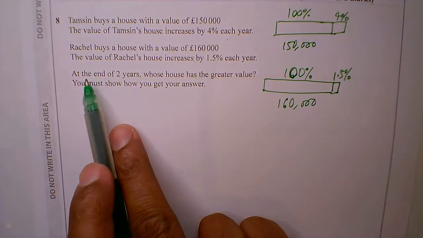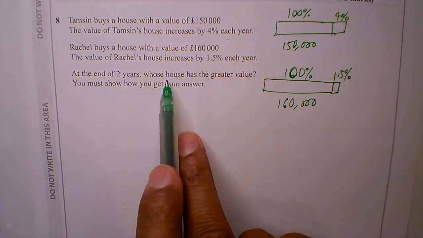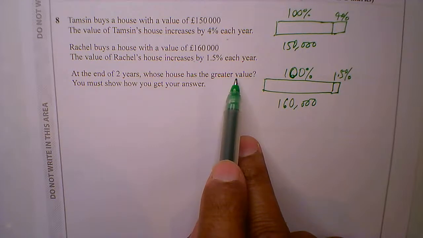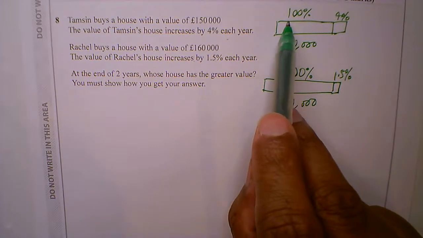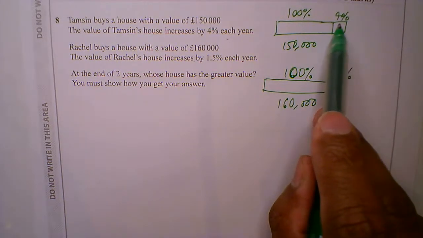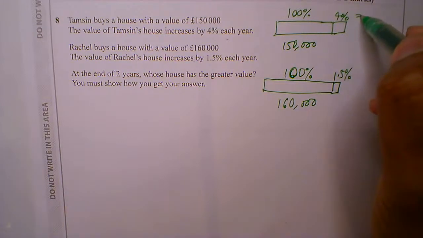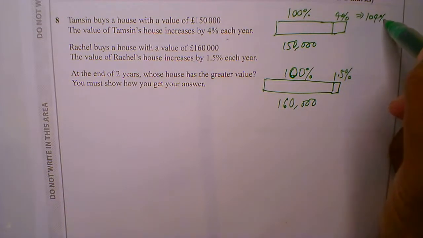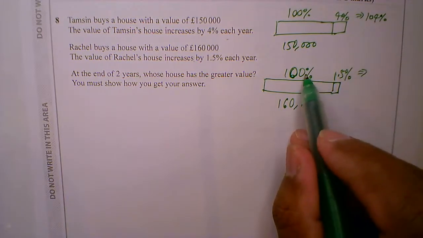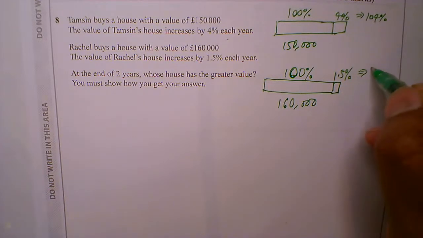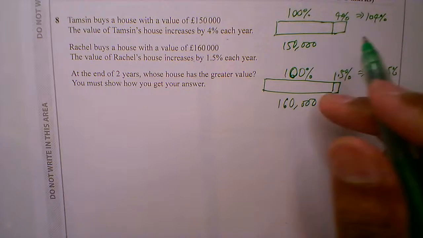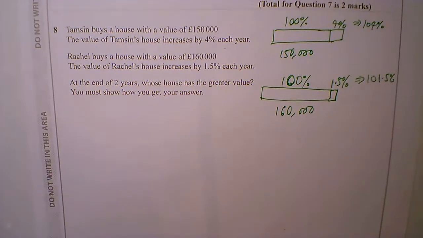At the end of 2 years, whose house has the greater value? So what I've got is 100% plus 4%, that's 104%. And I've got this here, 100% plus 1.5% is 101.5%. Okay, since we are familiar, we use multipliers.